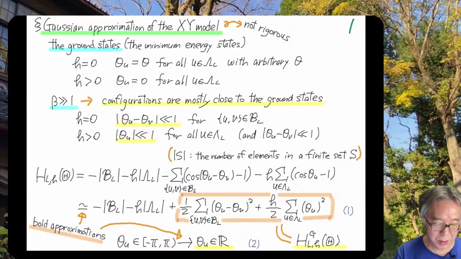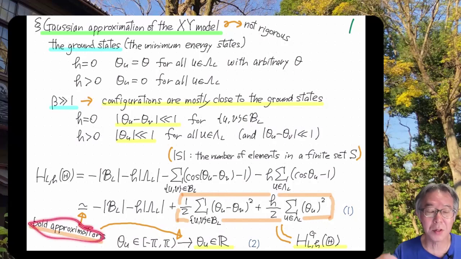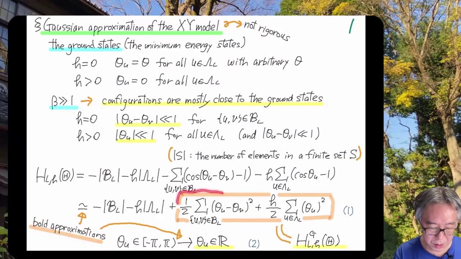And of course, these are very bold approximations. You cannot say that this is valid when temperature is in this region or so. But sometimes you get some very good physical picture out of such very bold approximation.